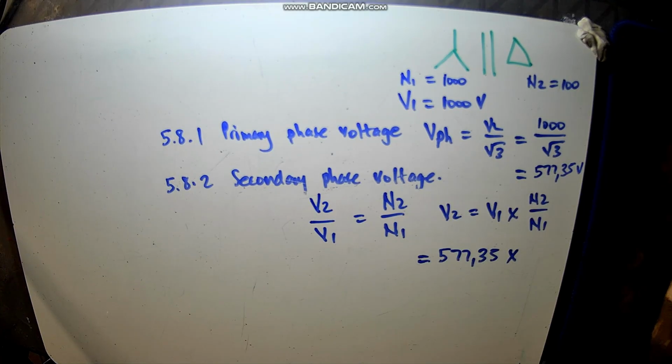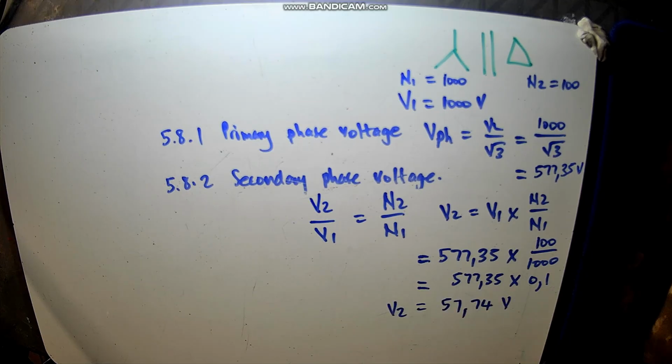Notice that N2 is 100 and N1 is 1000. And now we have 0,1 times 577,35, and our final answer there will give us 57,74. And that's the secondary phase voltage.